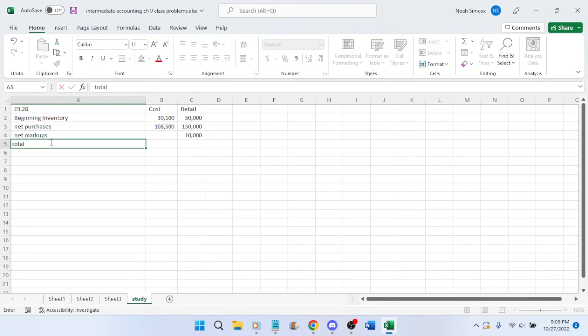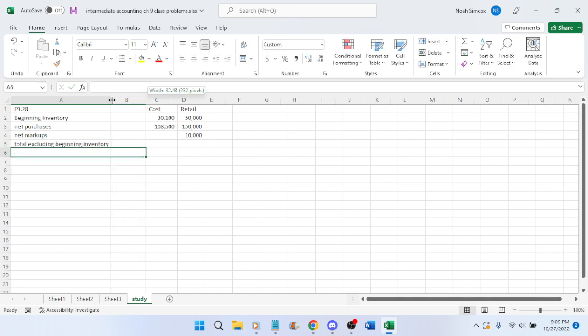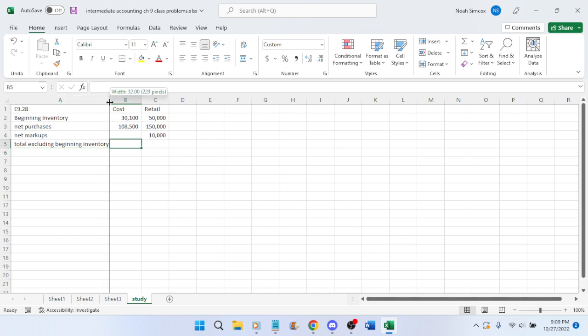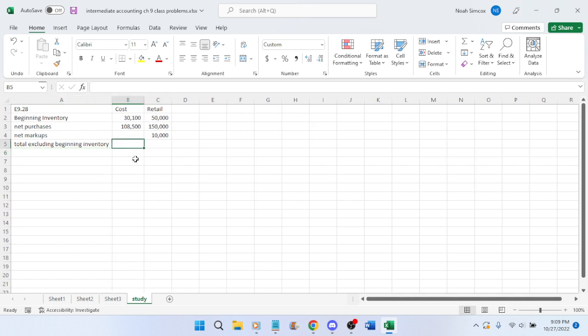Okay, wait. So total excluding beginning inventory is going to be equal to 108,500 plus this. So therefore, you now have the ability to calculate your ratio. But anyways, we will do that later.